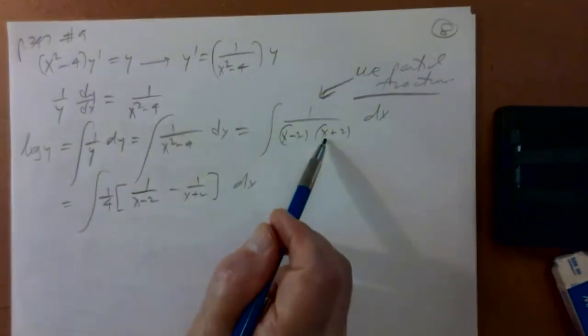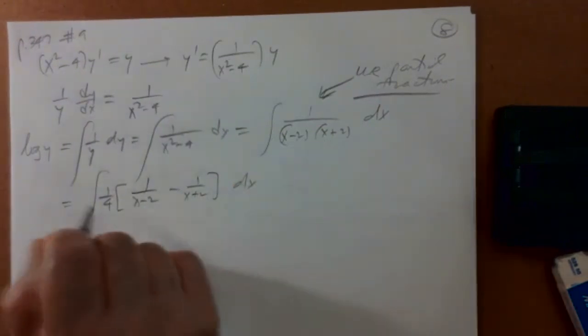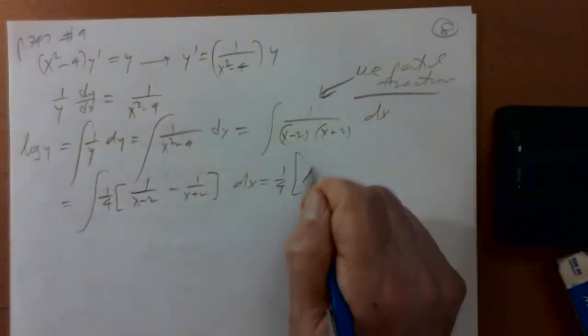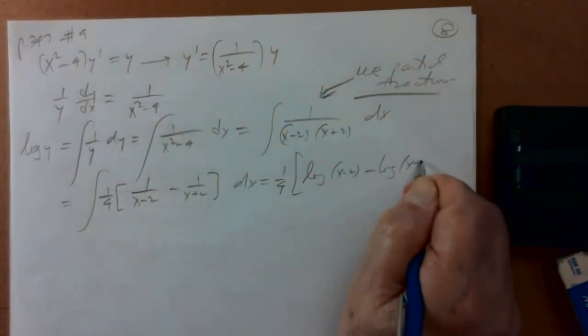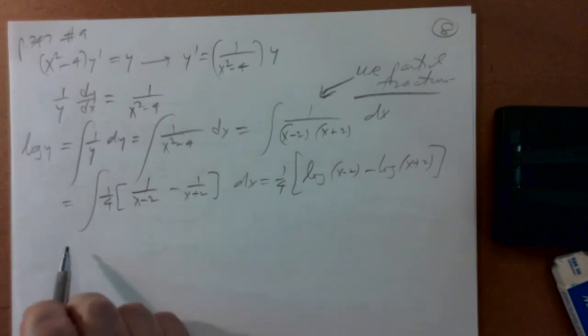Right? That's the partial fraction expansion of this. And the 1/4 can come outside. We get 1/4 times the log of x minus 2 minus the log of x plus 2.